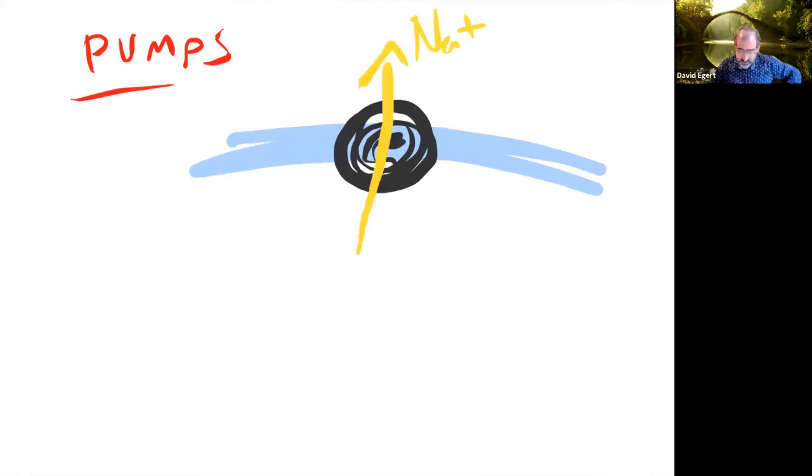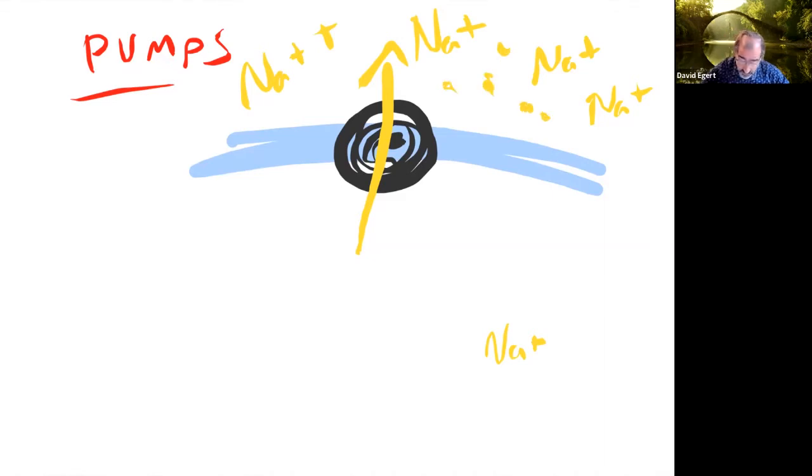For instance, something that pumps sodium, but let's say there's already a lot of sodium out here and not much sodium in here. Sodium does not want to go out because there's already a lot. In fact, by diffusion, the sodium wants to come back in. So if I want to keep pushing the sodium out of the cell up to where there's already a bunch, I'm going to need energy.